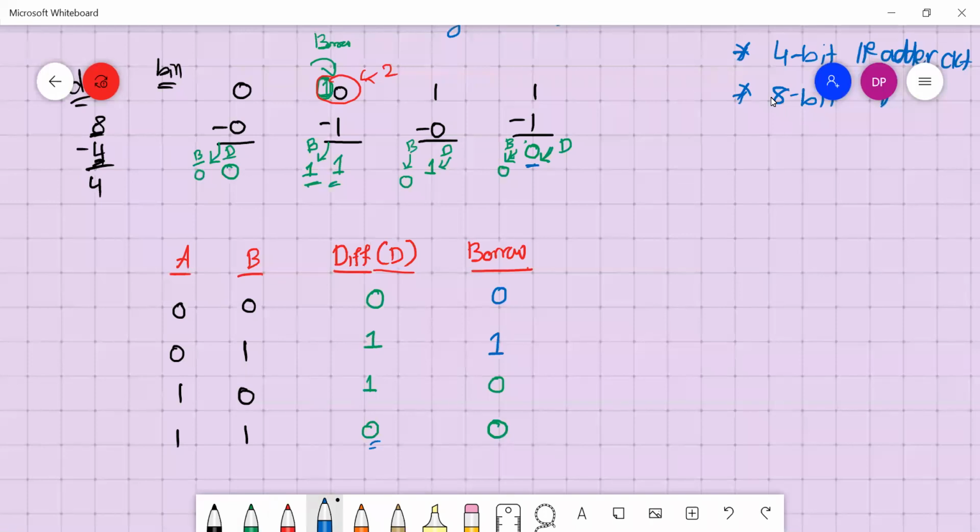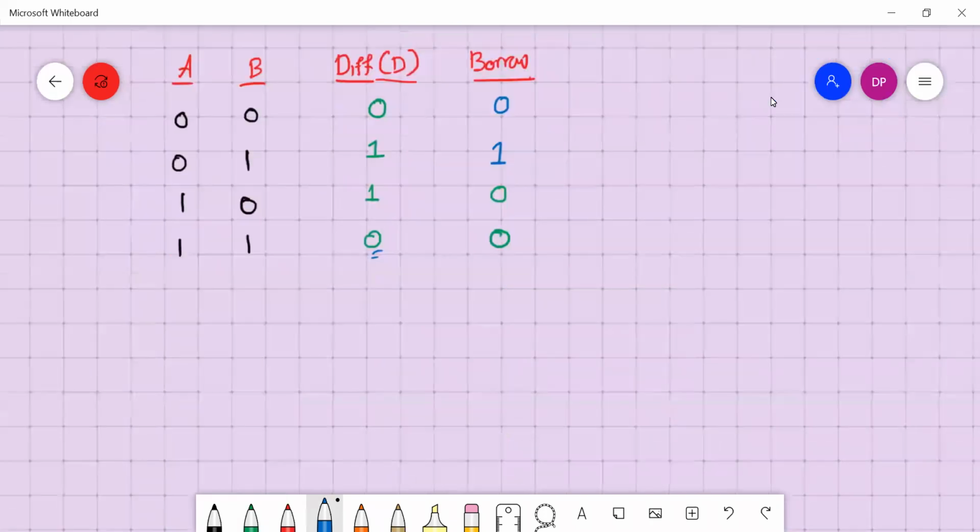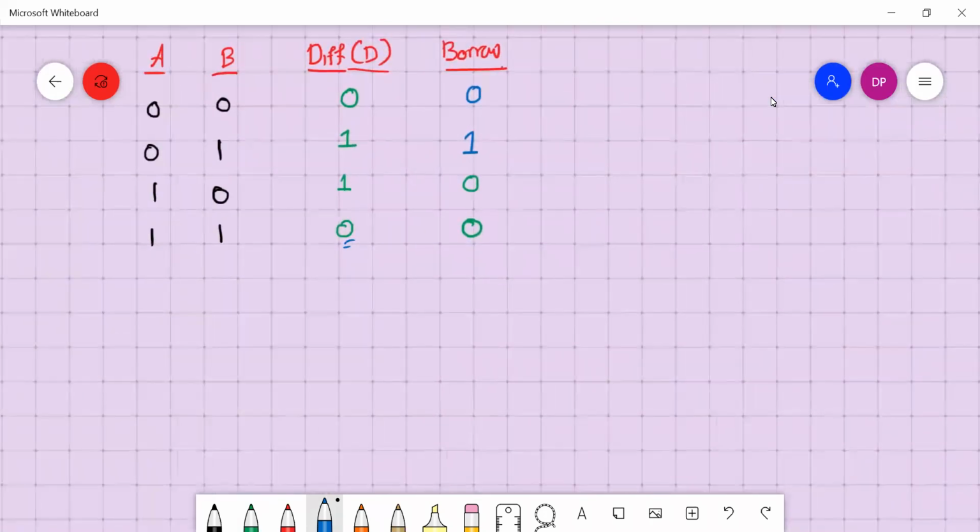So if we would like to make the circuit for half subtractor, what we have to do? We have to get an expression for the difference term and the borrow term, right? As it is two variables, I'm taking a two variable K map, and I'm finding the expression for difference.